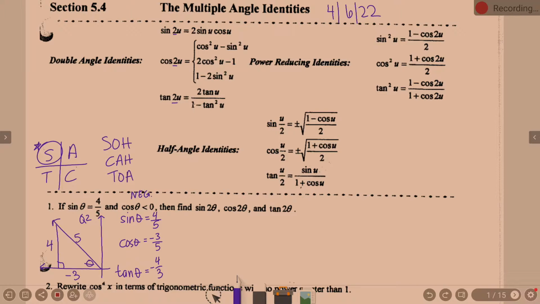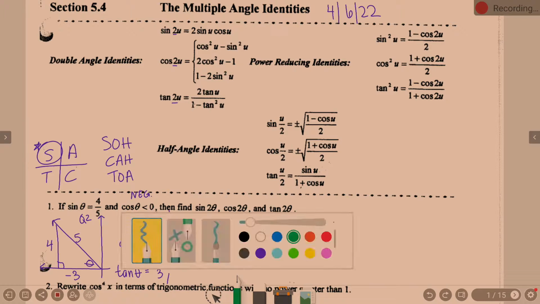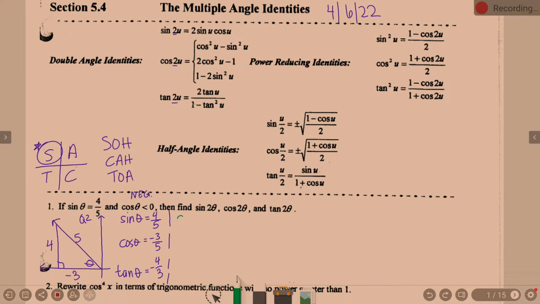Okay, so this is the information. Now, we're being asked to find sine of 2 theta. We have an identity here, yes? What's our identity for sine of 2 theta? 2 sine theta cosine theta.